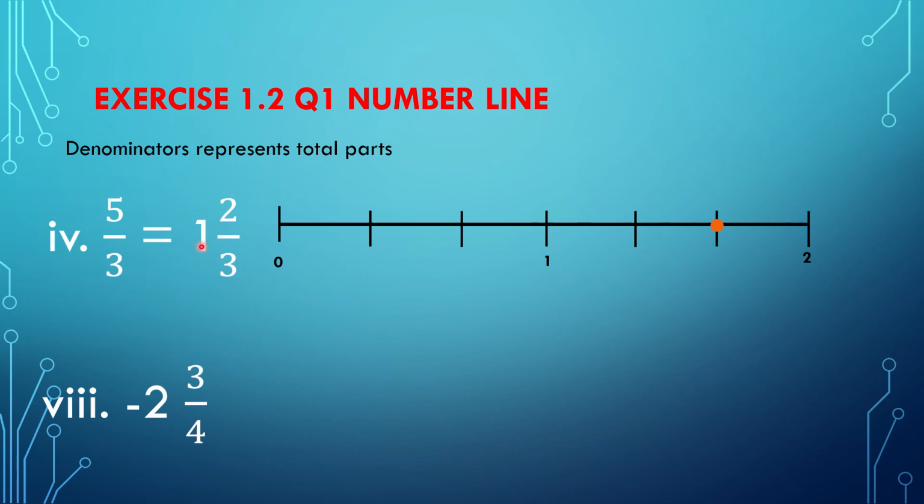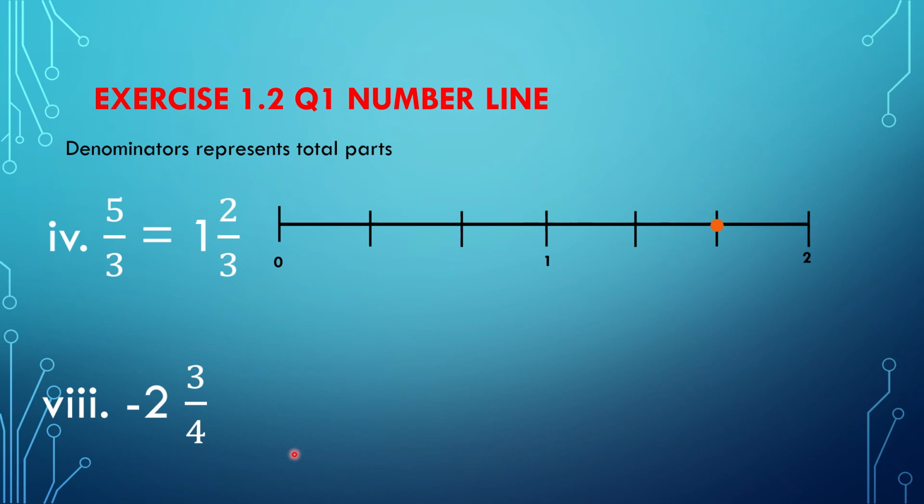As it is 1 whole and 2/3, it will be beyond 1 whole, and we will mention over here the 2 points after 1, and it will become 2 out of 3 equal parts, and it is 1 whole 2/3. And here this is our point to mention, 5/3. You can mention on the top of this point that this represents 5/3.